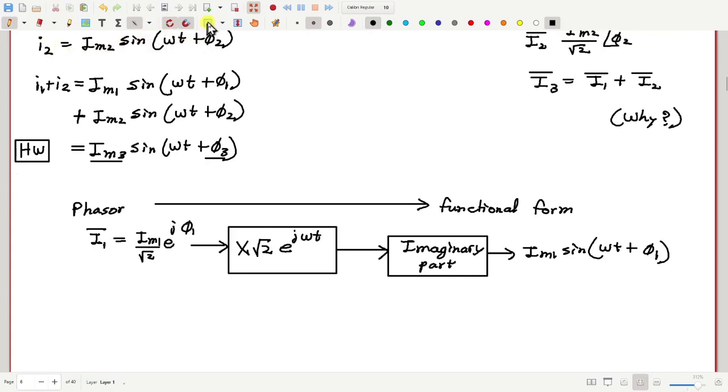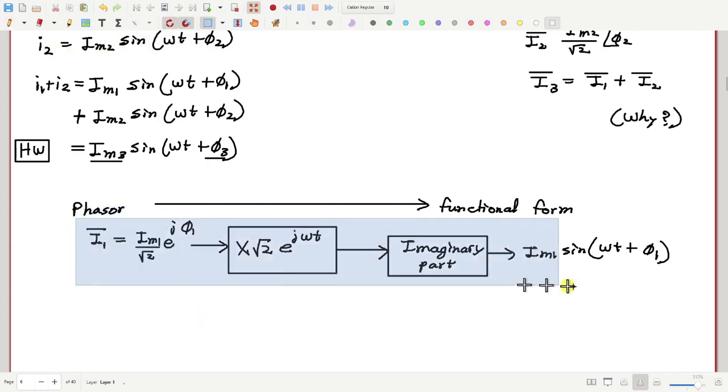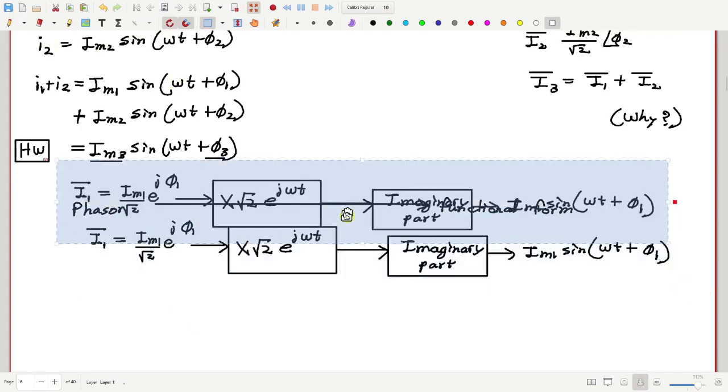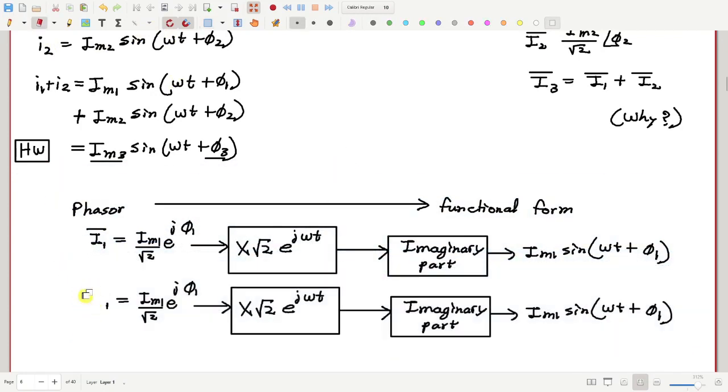Now if we apply the same rule on this number, say I1 bar plus I2 bar, I have one more term, plus Im2 by root 2 e to the power j phi 2.